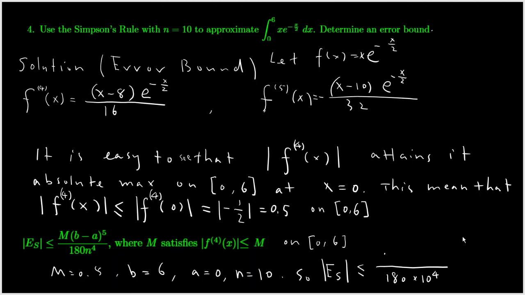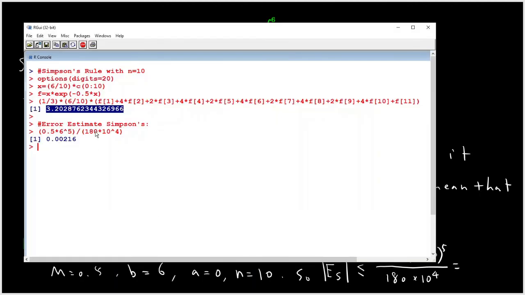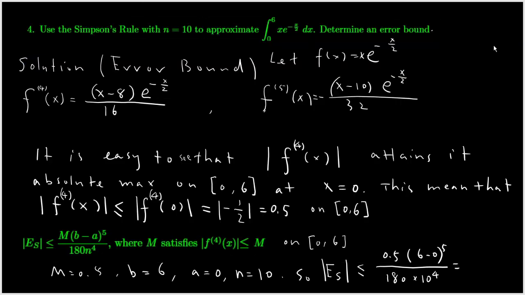On numerator you have 0.5 times 6 minus 0, the whole thing to the power of 5. Enter everything into your calculator. This value is 0.00216.